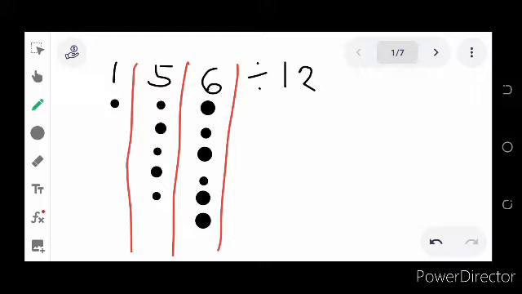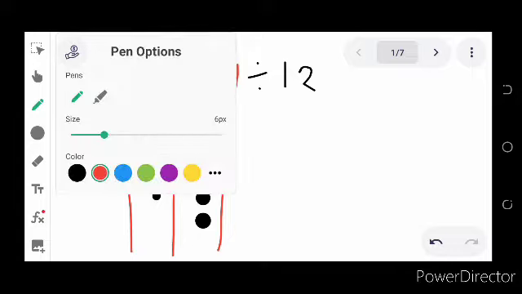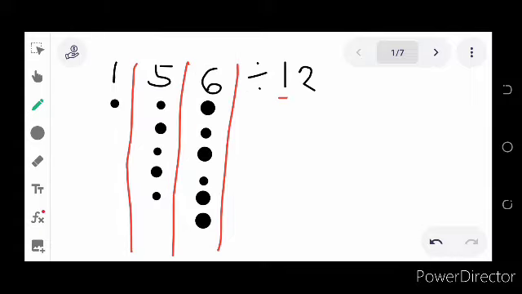Now, after you have represented each of the numbers in the columns as dots, you have to look at your divisor. Your divisor is 12. This would tell you the pattern for your connection, because when you say plot the dots, you need to connect. Now, you just cannot connect anywhere you like. You have to follow a certain pattern, and that pattern is displayed in the divisor.